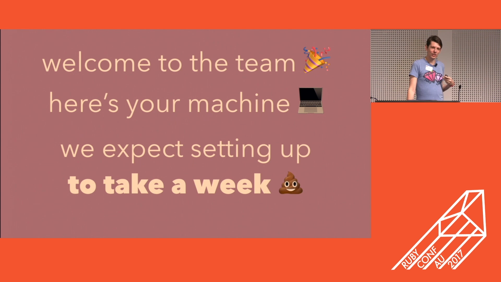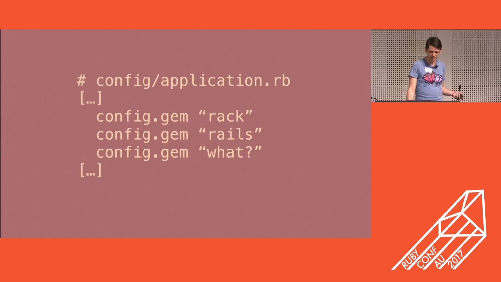And so recognizing that this problem existed, Rails tried to solve it. So this is like 2007, 2008, something like that. Rails said, hey, well, you could just tell us what gem names and versions you need, and then we'll make sure that you get the right versions.